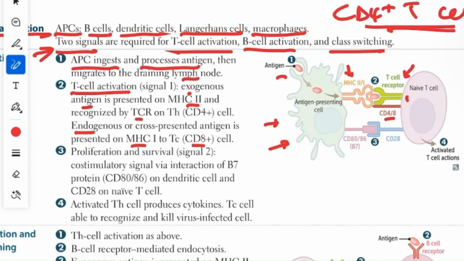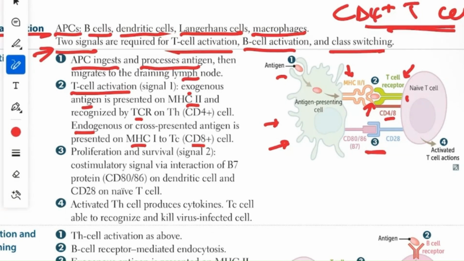Okay. All right. So now, when the first interaction has happened, the next one, co-stimulatory or signal 2, must happen for the T cell to be activated. Like I said, it must happen.